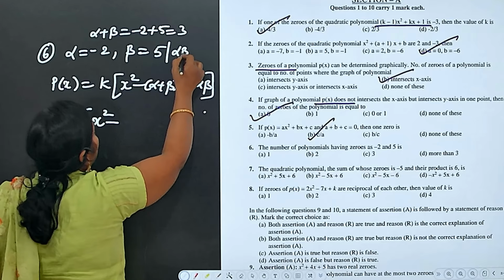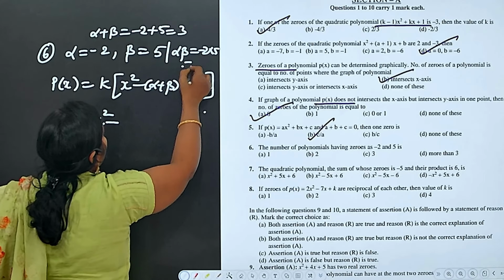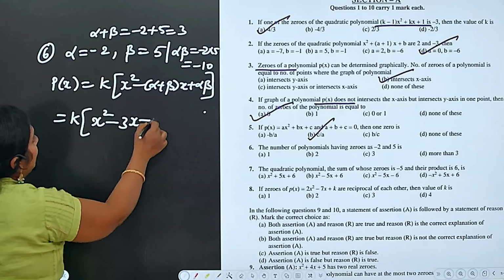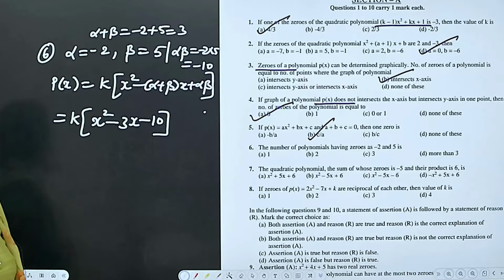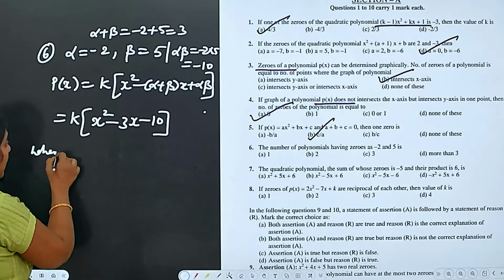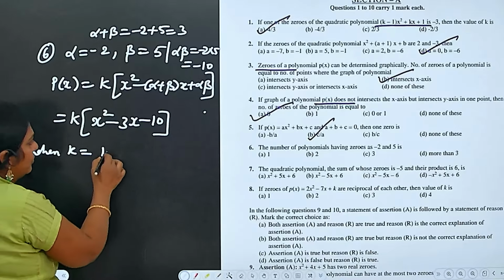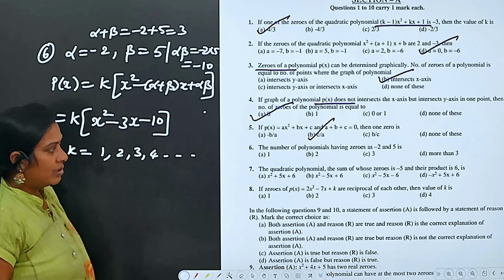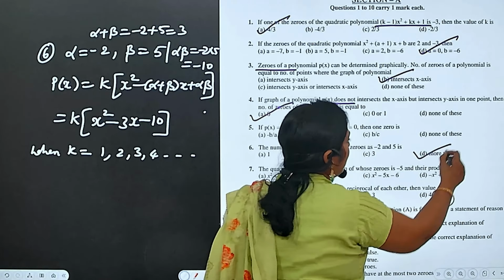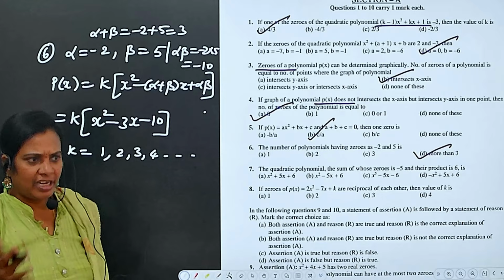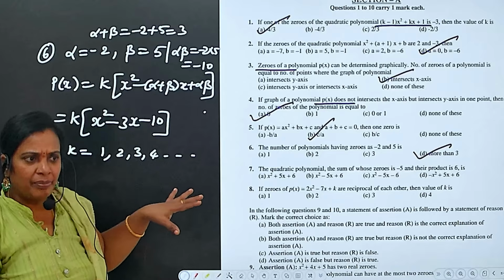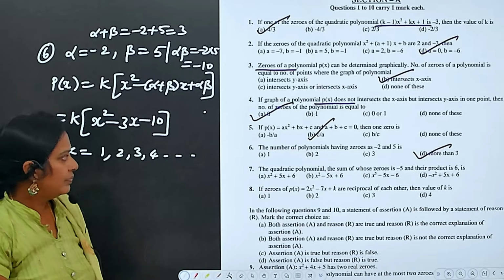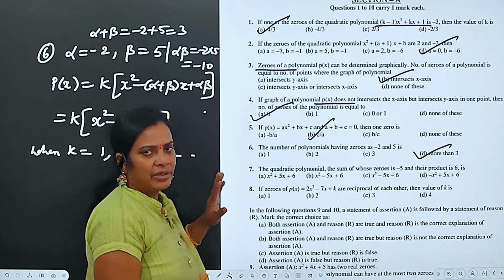What is alpha beta? Minus 2 into 5, it is minus 10. Write in that. That is minus 3x minus 10. This is the polynomial. When we choose k equal to any value, 1 means that equation, 2, 3, 4, so on. So what is the suitable? It's more than 3. We can take any value. 2 తీసుకుంటే ఒక పాలినామియల్ వస్తుంది, 3. k అనేది ఆర్బిటరీ కాన్స్టెంట్, we can choose any integer, any real number అని కూడా అనొచ్చు.